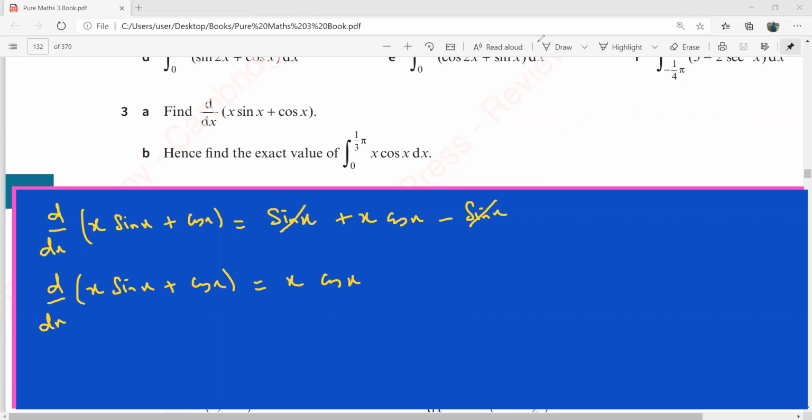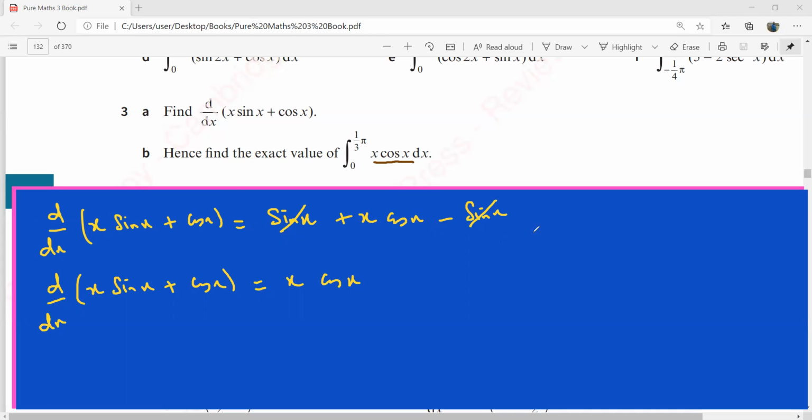And then he says, hence find the exact value of this. You see, this is a product here, so you cannot integrate this directly. There is some extra information given to you, like he has asked you to differentiate in the first part, and then asks you to find this value.